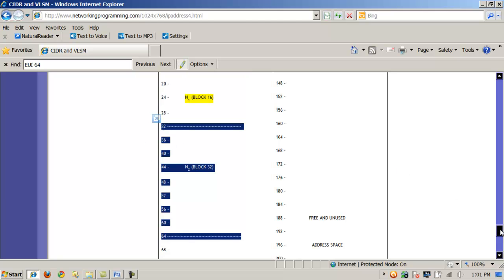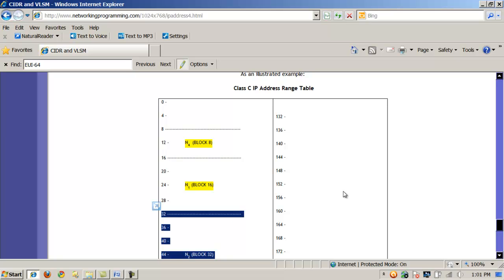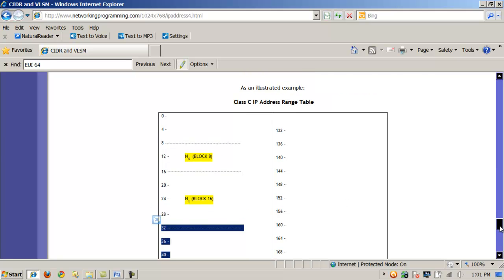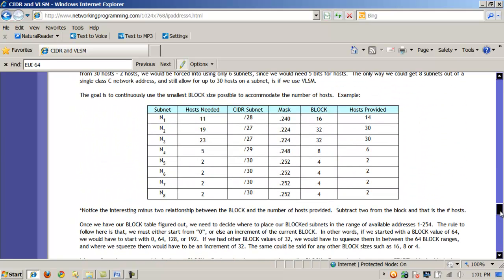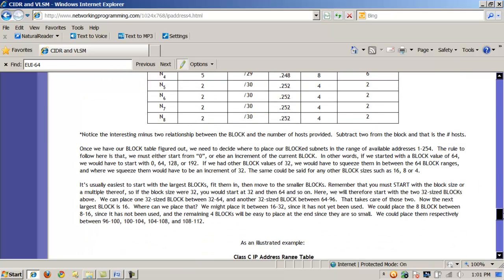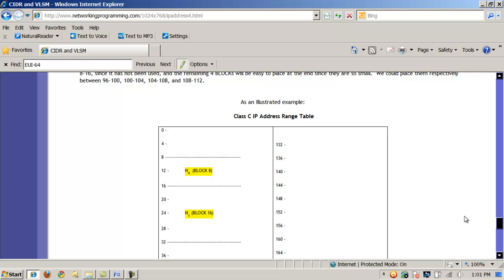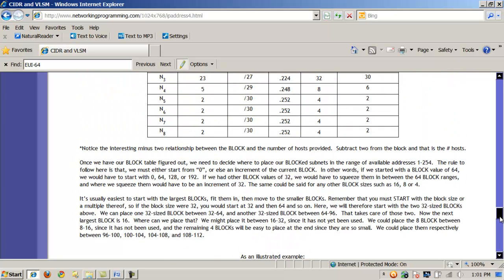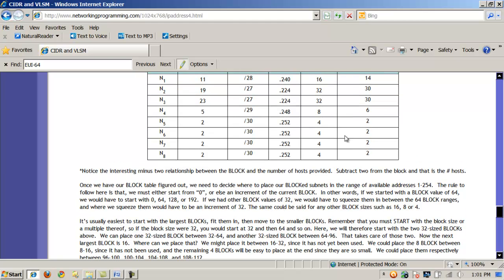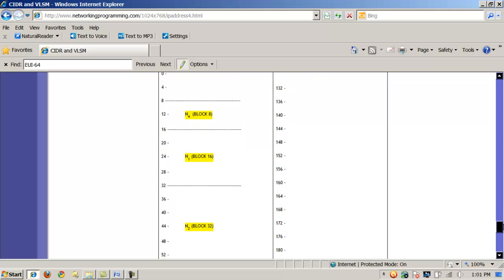I started that on, and then I have N1. N1's based on 16, and so I want to start that at 16. And N4 is based on 8. Remember the block value is 8 up here. So this will be my range.